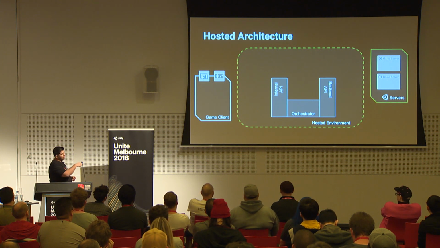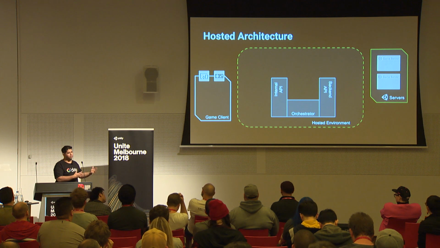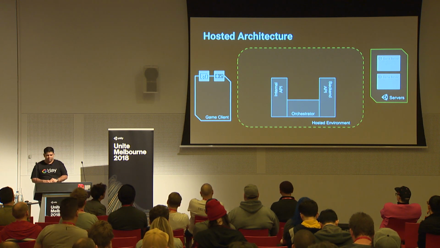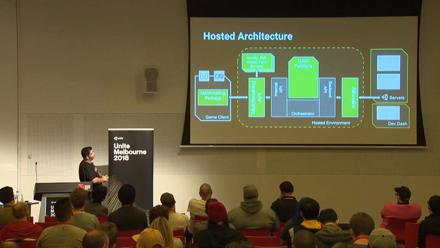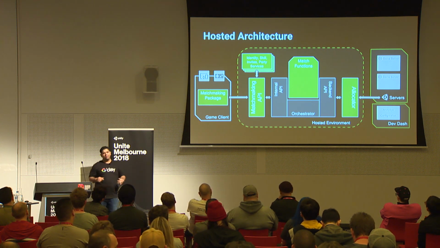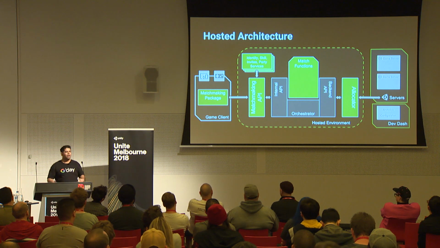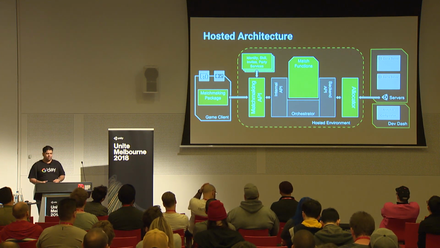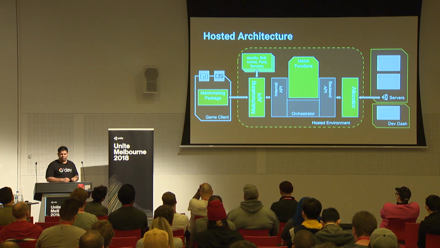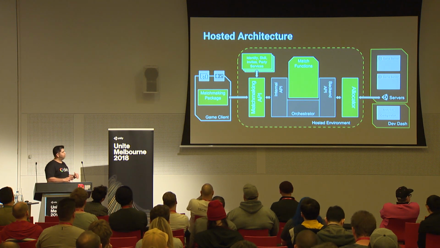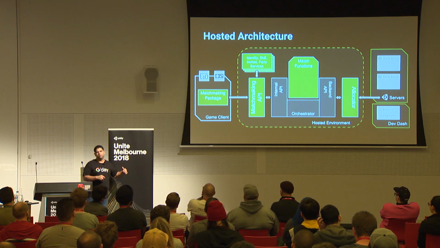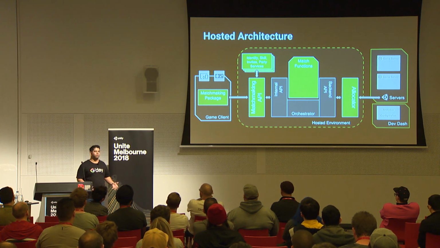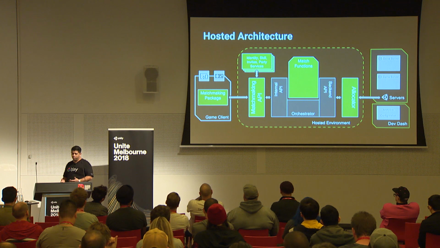Now, you might recognize that bit in the middle from earlier, because it's coming from the open source matchmaker. This box in the middle, this thing that we call the hosted environment, that's the thing that people tend to write again and again and again with each of your games. And so that's what we're trying to solve for. But don't be overwhelmed by this, because these green boxes are the ones that Unity is going to provide in that hosted version. So you don't have to build any of those yourself.